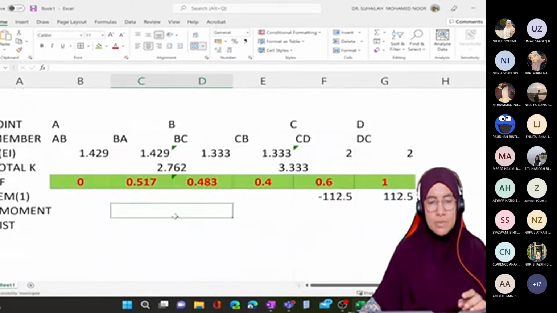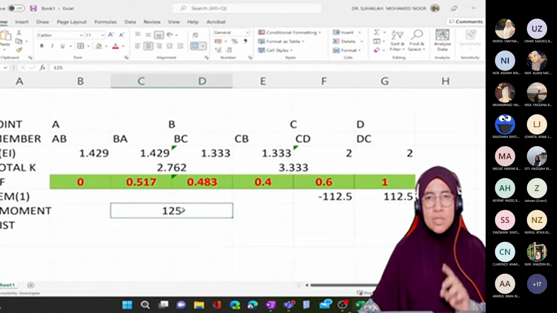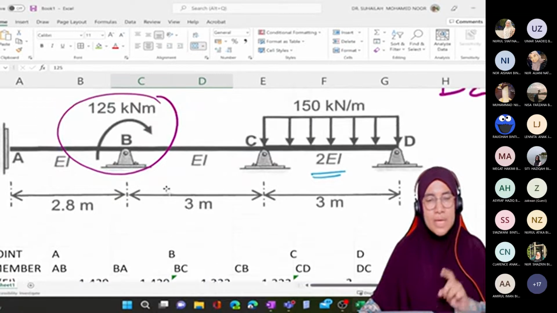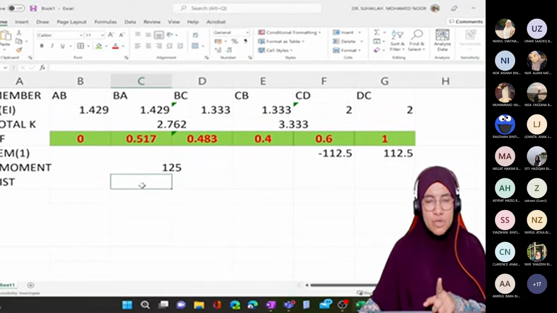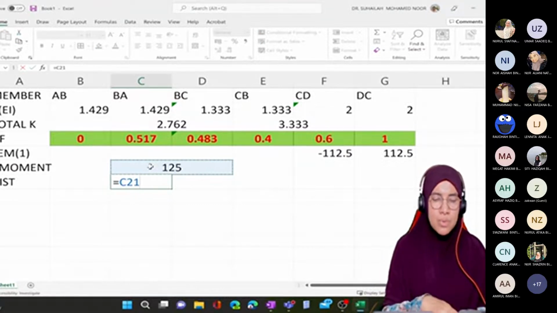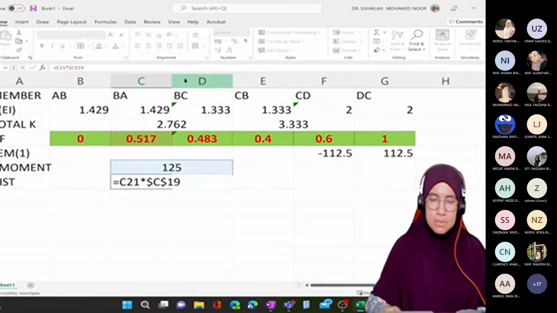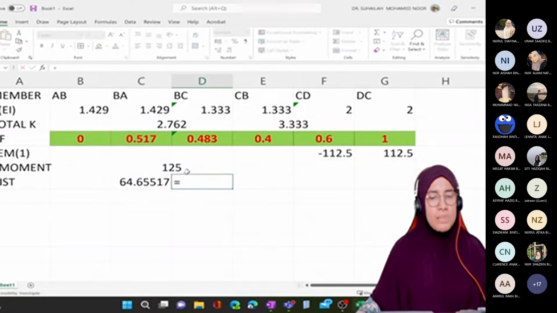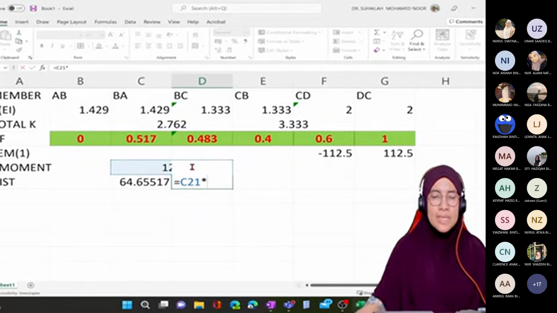Clockwise is 125, so this is 125. For the first distribution, we have the joint moment times the distribution factor. There is no need to change sign, since it is a joint moment. Joint moment times the factor.